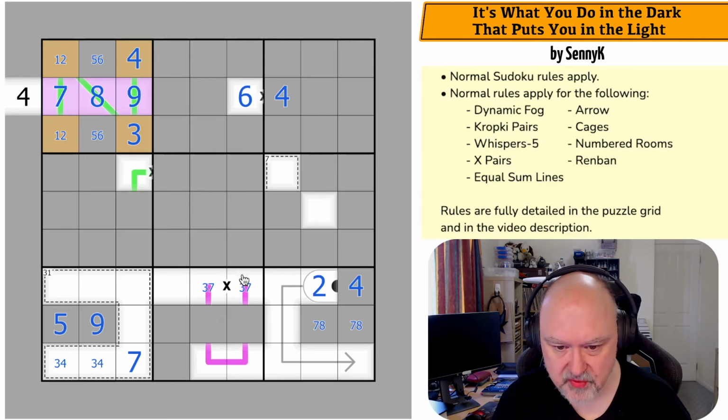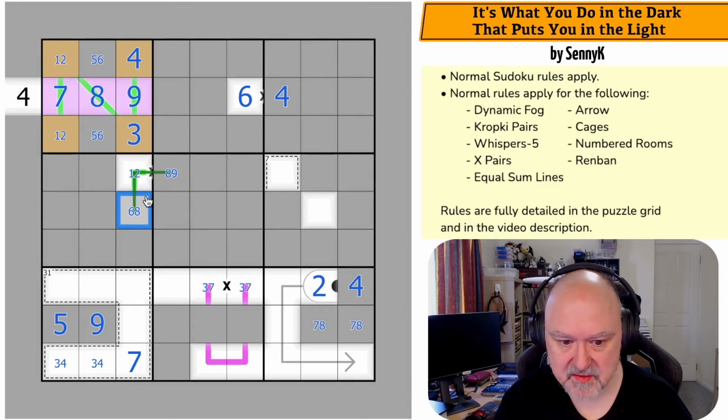I think that's all this has been able to do for me so far. Okay, so let's look at this. We know if this is low, it's 1, 2, and this would have to be 8 or 9, and this would have to be 6 or 8. I don't see a problem with that.